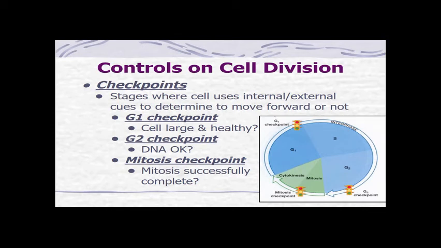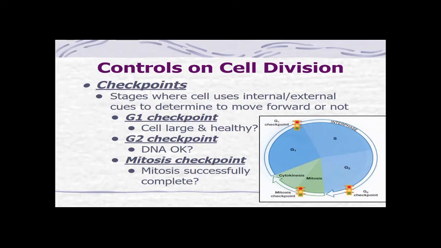Now, if a cell does not fit the criteria for that checkpoint, there's a couple of options for that cell. One, the cell could kind of stay there, and if it's not large enough, wait till it grows a little bit more. Or if it's not healthy, maybe it can be repaired and get fixed before it moves on.